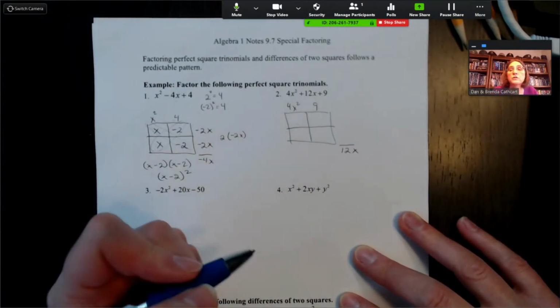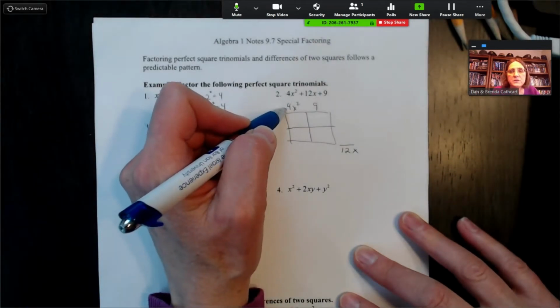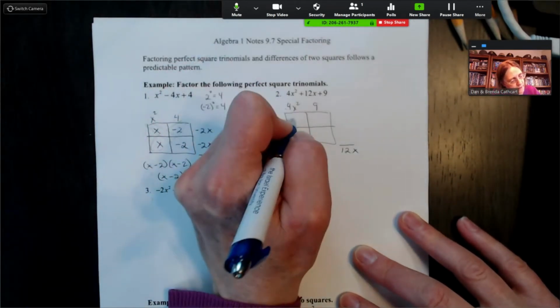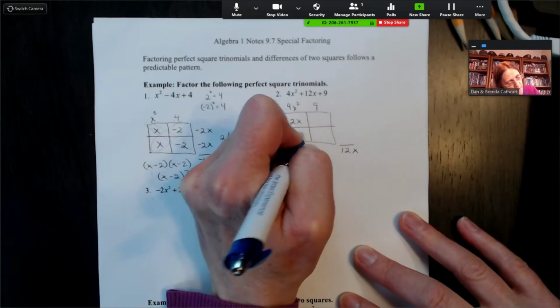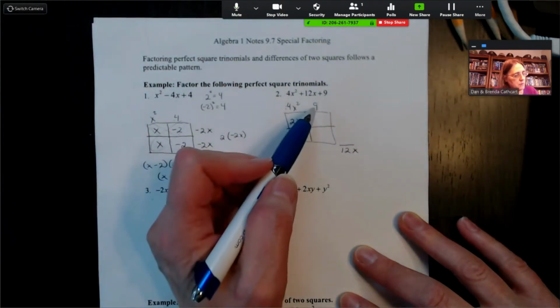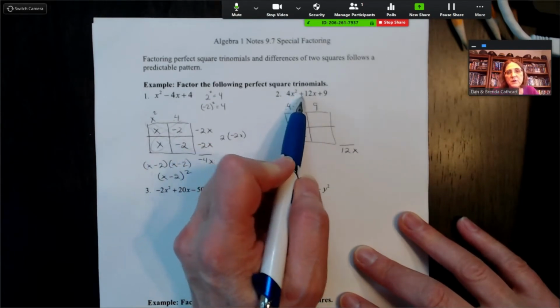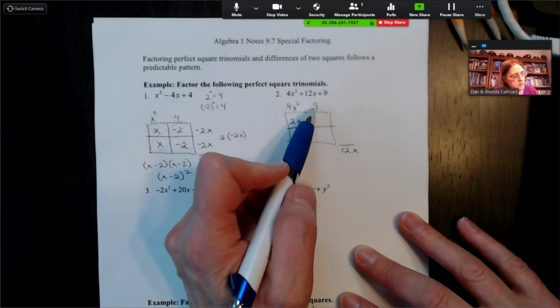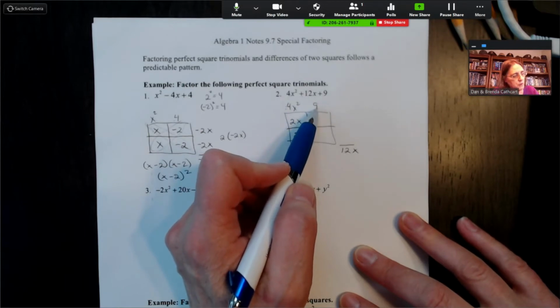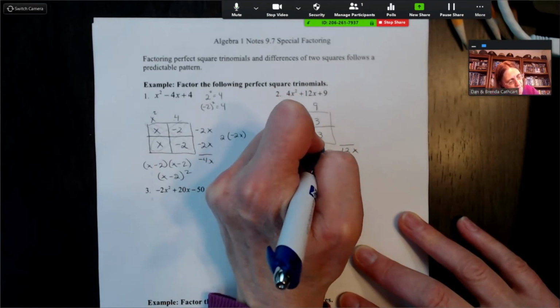We're going to look for what multiplies by itself to get 4x squared. So 2 identical factors of 2x. 2x times 2x gives us 4x squared. And with 9, this time we are going to use the positive factors because I want a positive middle term. So the 2 identical factors that multiply to get 9 are 3 and 3.